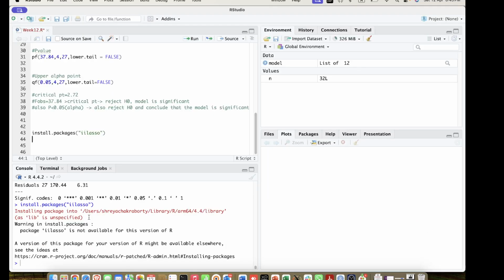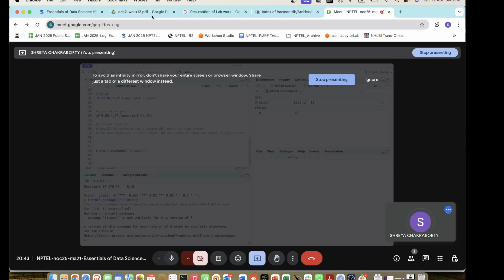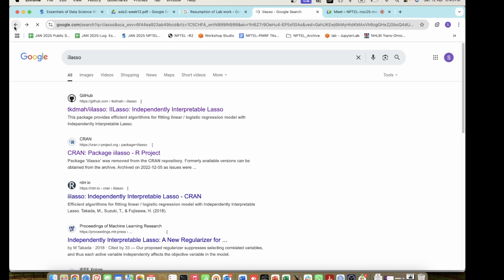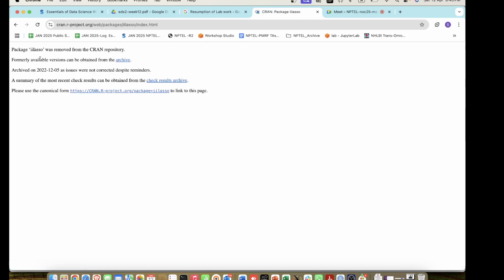So what do we do? We actually go to CRAN. I have typed iLasso here, and I go to this CRAN project, and there I see that this is deprecated right now, but formerly available versions can be obtained from the archive.